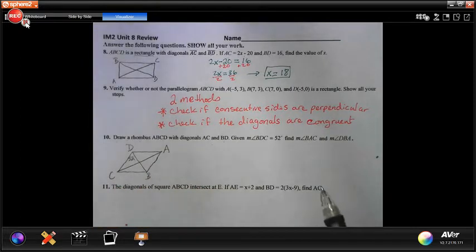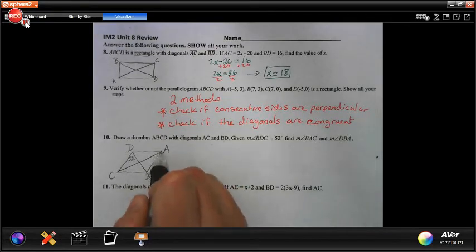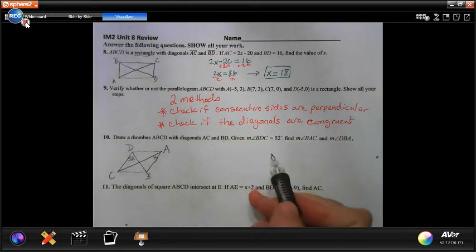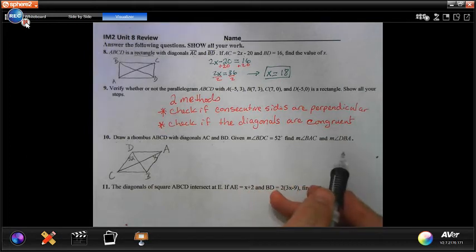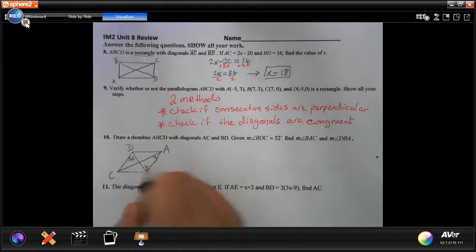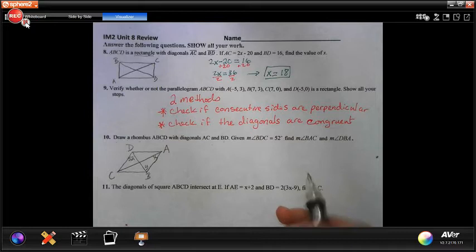Right there. We need to find measure of angle BAC. BAC is right in there. And we need to find measure of angle DBA, which is right there. Okay.